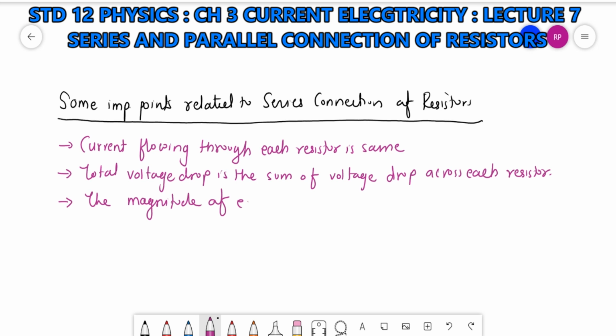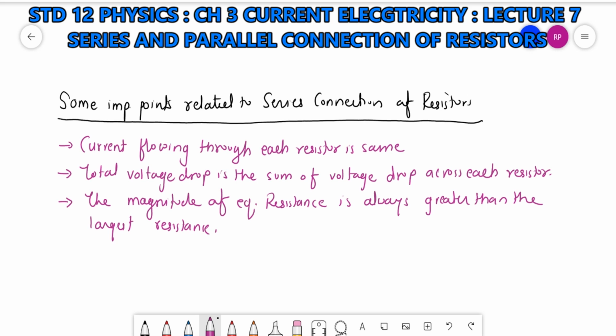Just for example, if three resistors having resistance 10, 15, and 25 ohm are connected in series, then the equivalent resistance will be always greater than 25. Clear? So these are the three important points.